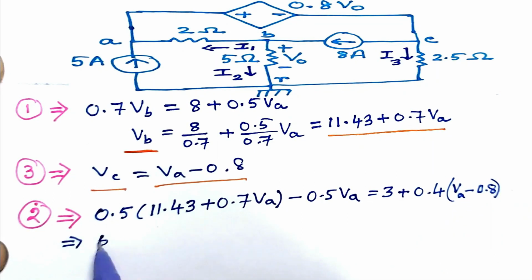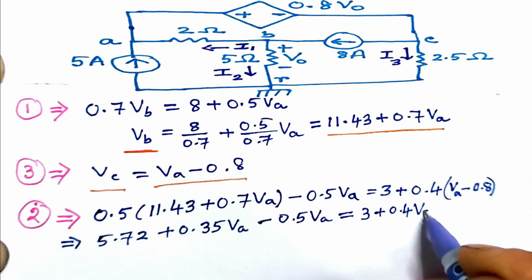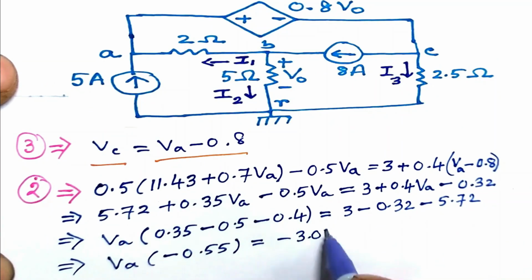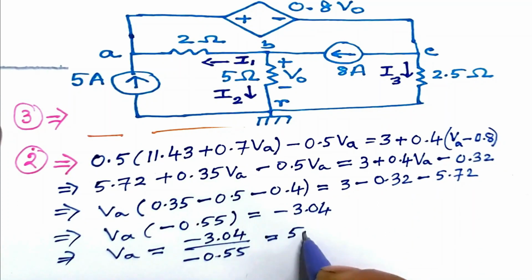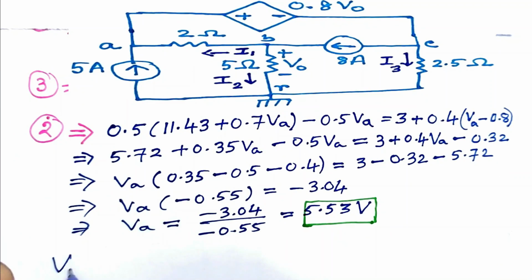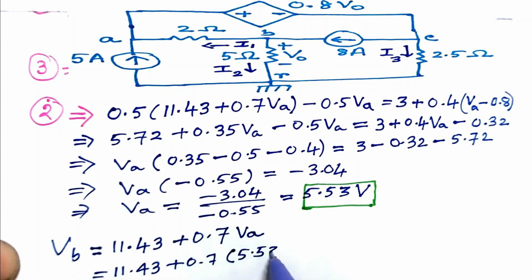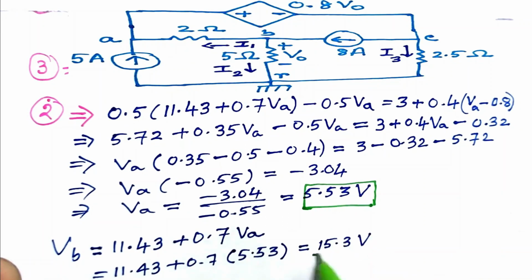This gives VA to be 5.53 volt. And so VB is 11.43 plus 0.7 into 5.53 for VA. We get 15.3 volt for VB.